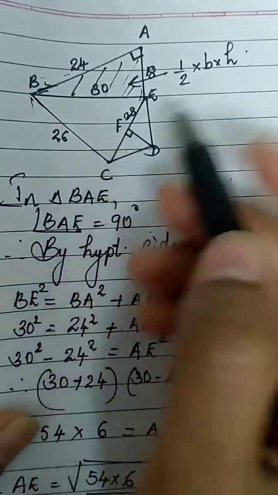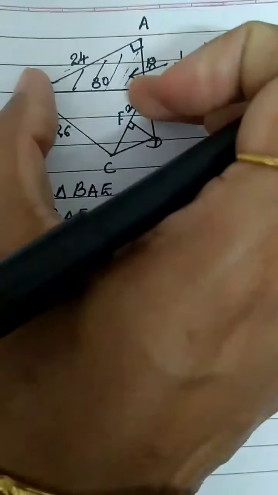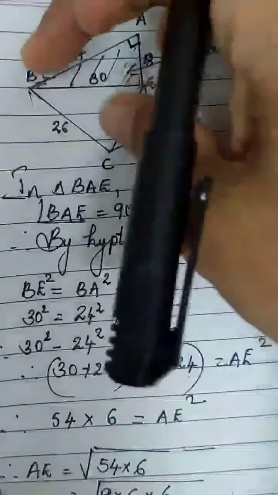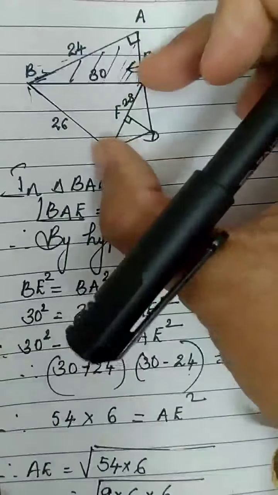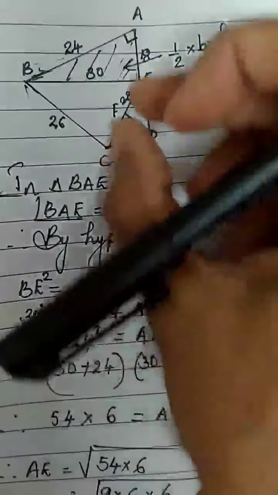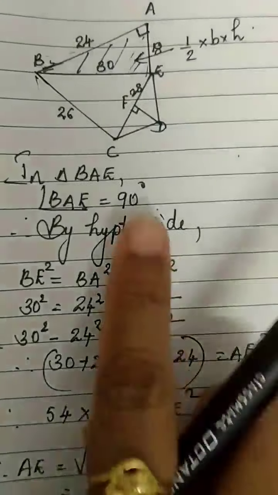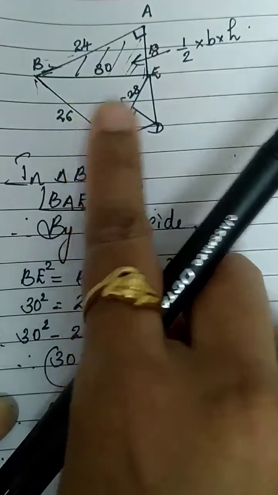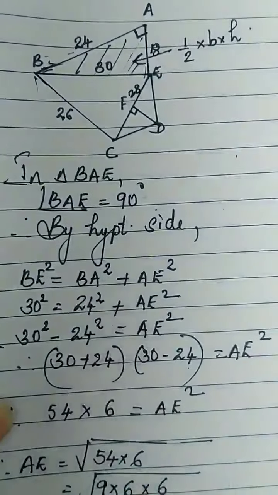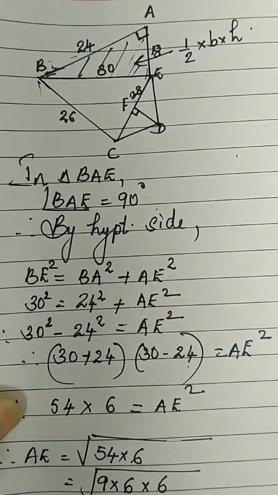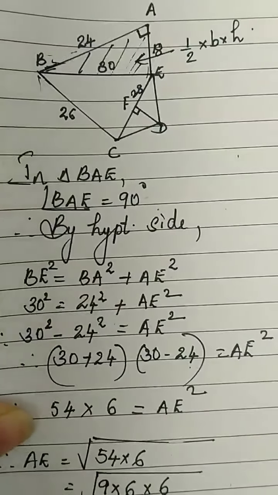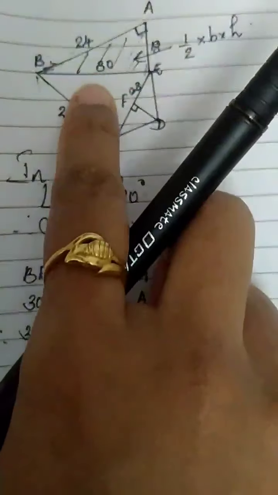Now we have to find the area of triangle BEC. Here you know BE, you know BC, you know CE. It is 28. So all three sides you know. You will use which formula? Heron's formula. Find the semi-perimeter, then use the formula root of S minus A, S minus B multiplied by S minus C and get the area.